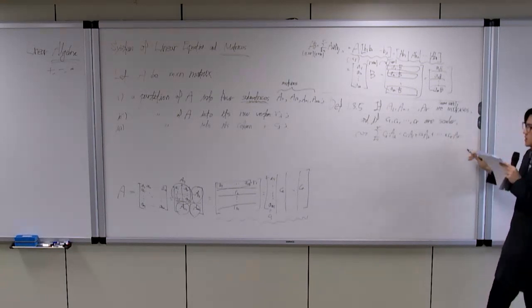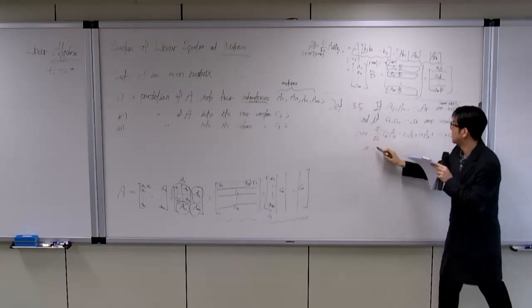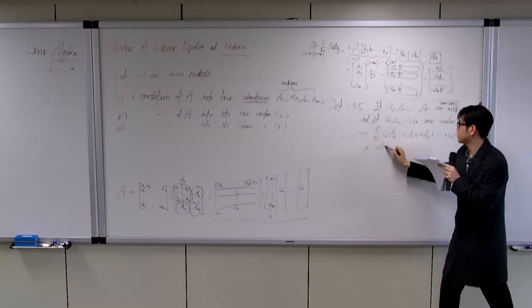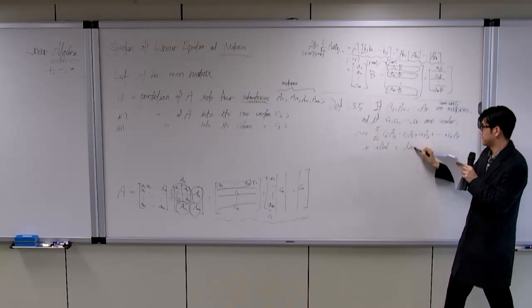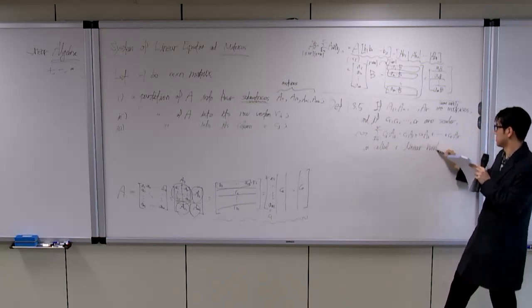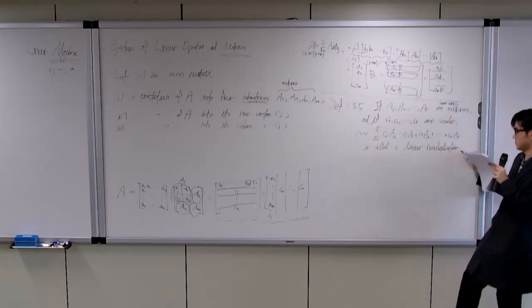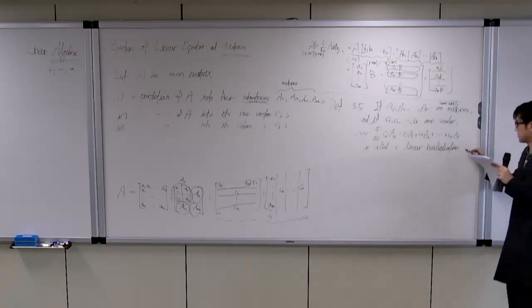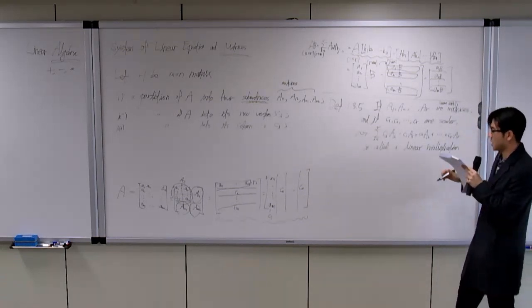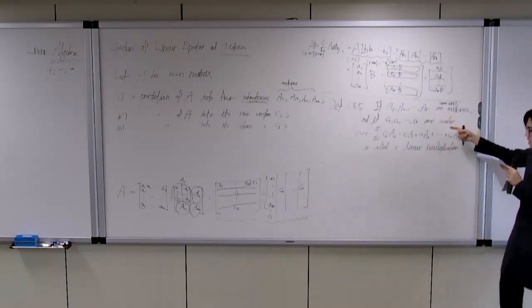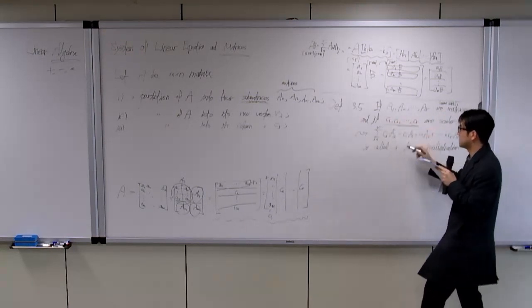This form is called a linear combination of A1 to Ar with coefficients c1 to cr.